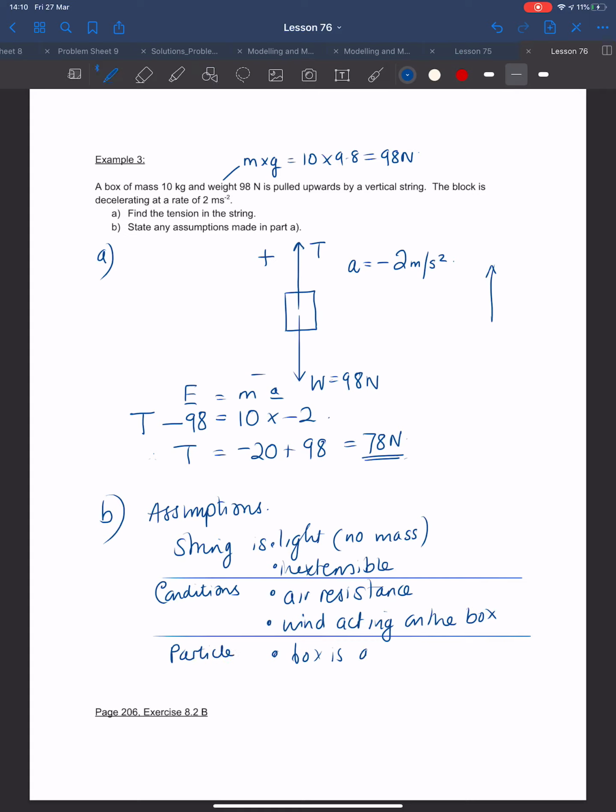The box is a particle, with no size and doesn't spin, which again is a different topic altogether. In the A level, when I used to teach it, they used to say name a couple of assumptions. So it was always light, inextensible string, no air resistance, box is a particle.